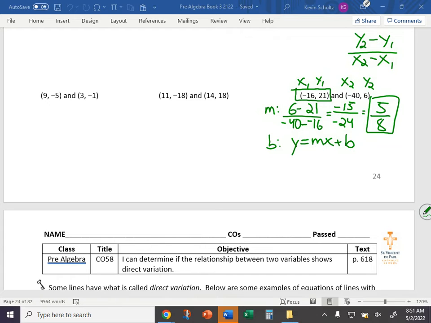You should have 21 in for y. Our slope is positive 5/8. Our x is negative 16. And we're solving for b. So this is the equation that we are solving.